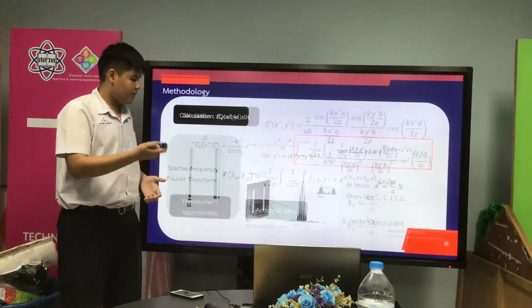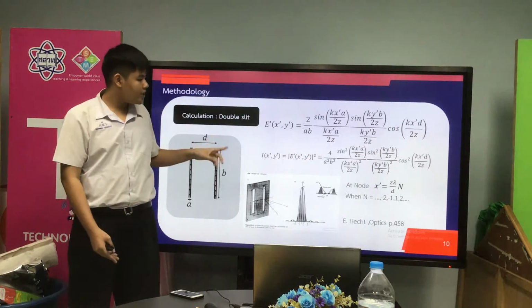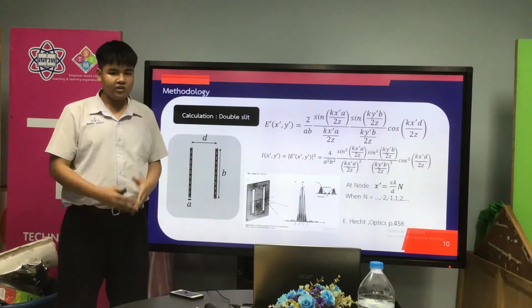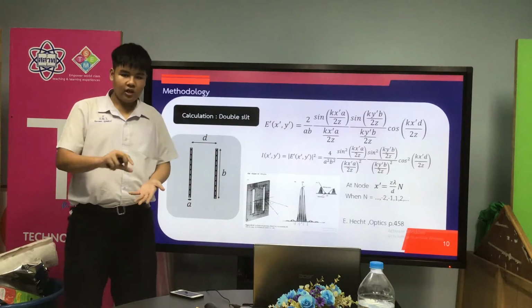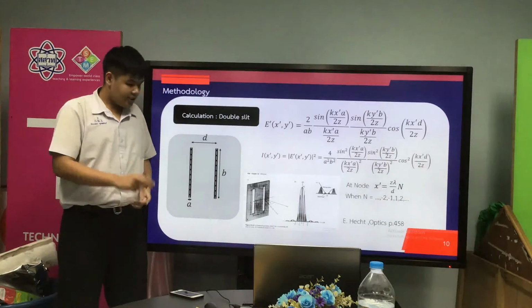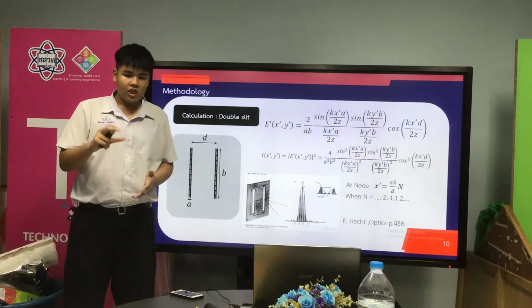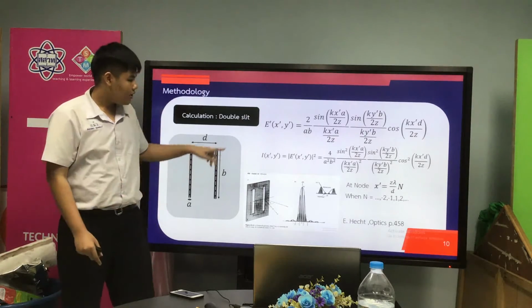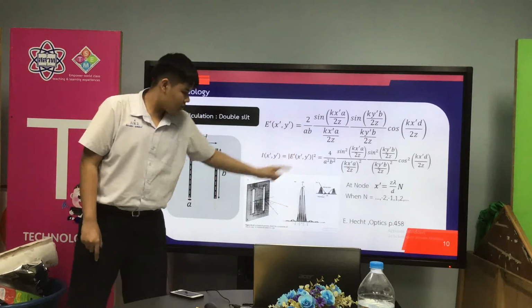First, the calculation of the double slit will show the E prime of x prime y prime that we consider on the screen in this term. But in the picture we have captured in our result, it will show the intensity of the light, and the intensity of the light is the product of E times E conjugate. That will be this term squared.